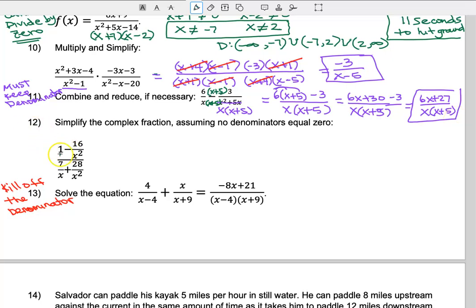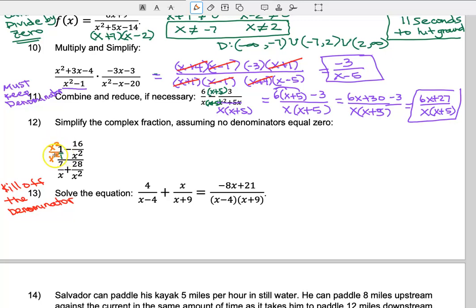So on this, I'm going to treat these 2 kind of separately at first. I'm going to look at just this top part here and get it to be one fraction, like do the subtraction here. Well, in order to do that, I need a common denominator. And so I can see I've got an x squared on that other side. So x squared is what I want to multiply by on top and bottom here.